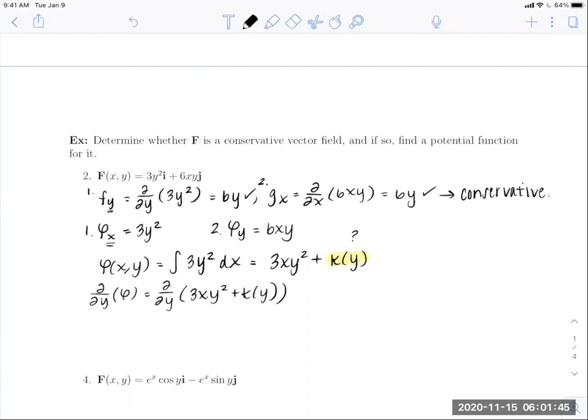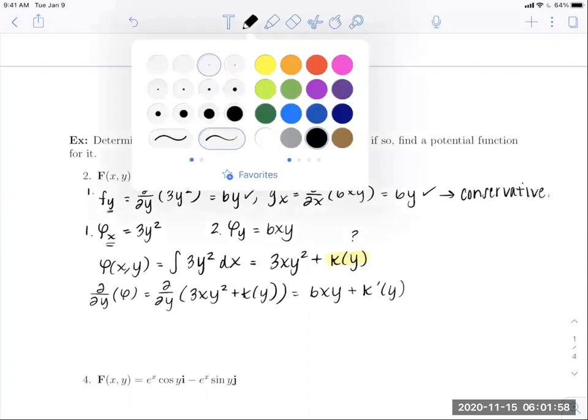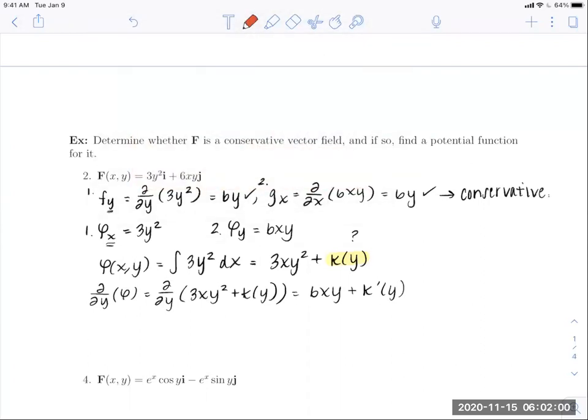I'm going to take its partial, and that is 6xy plus some k prime of y. I don't know what that function is, but it's a function of y. And then I'm going to look back up at my equation 2, and I'm going to say, oh, okay, this is the partial of phi with respect to y.